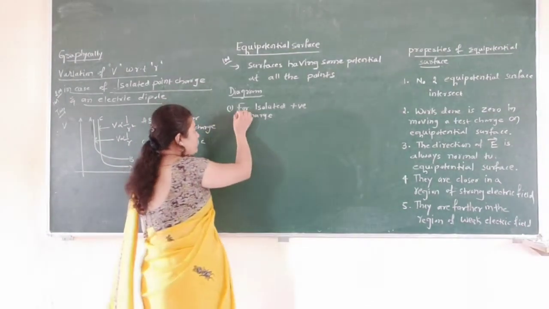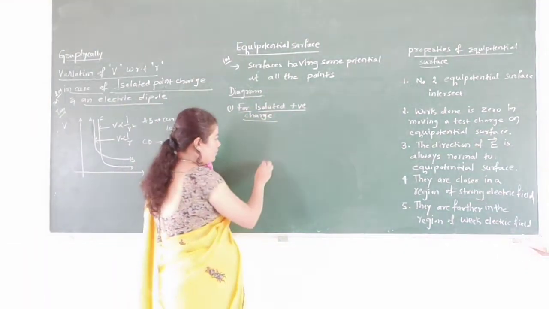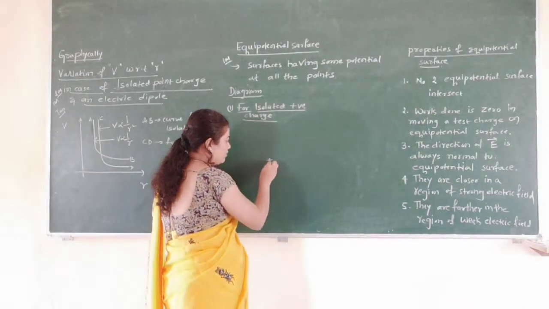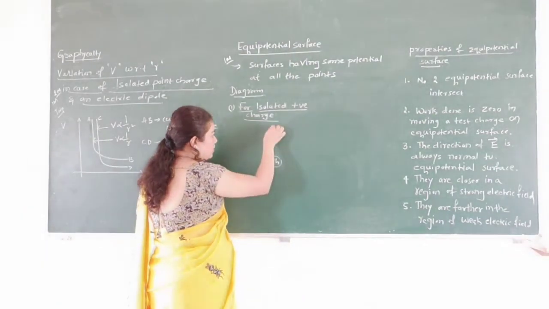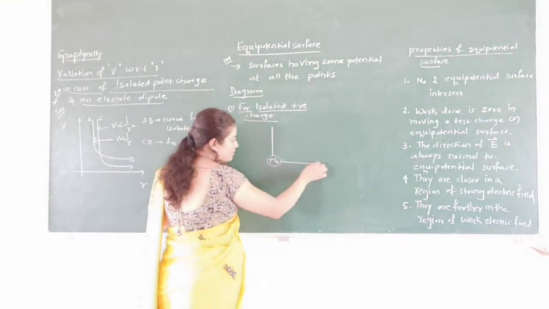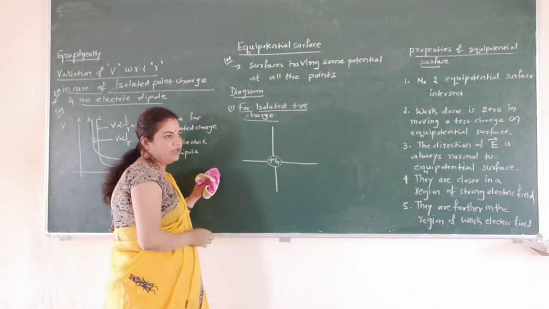First one, for an isolated positive charge. I take a positive charge plus Q. First we will draw electric field lines, not the electric field. The electric field is represented by electric field lines.